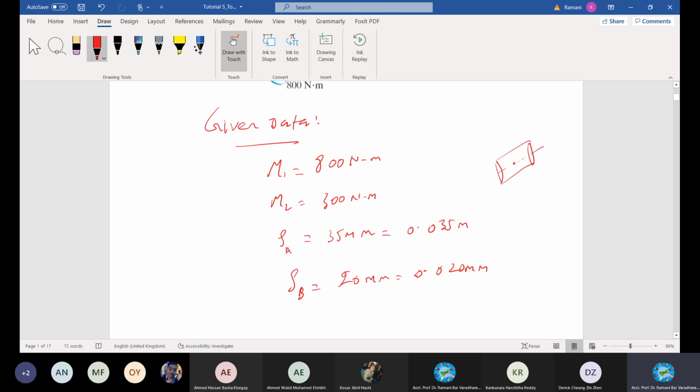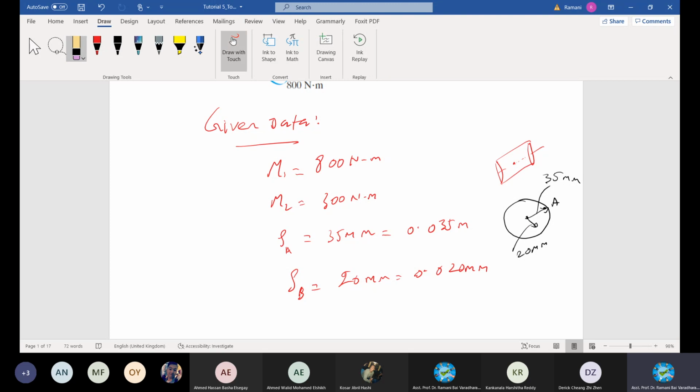So point A is here, point B is somewhere here. If this is the center, point A is located at 35 mm. Point B is not at 35 mm. If it is reaching here, it is 35, but the value given is 20 mm. Point B is here.